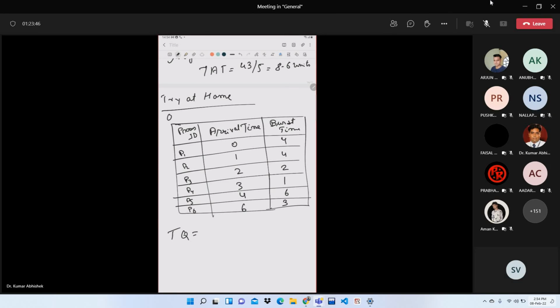Question number 1: calculate average TAT and average WT.